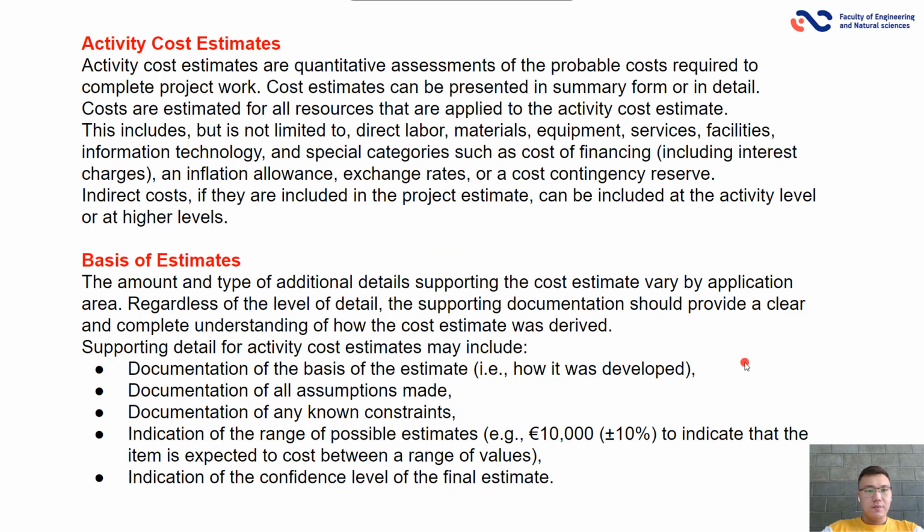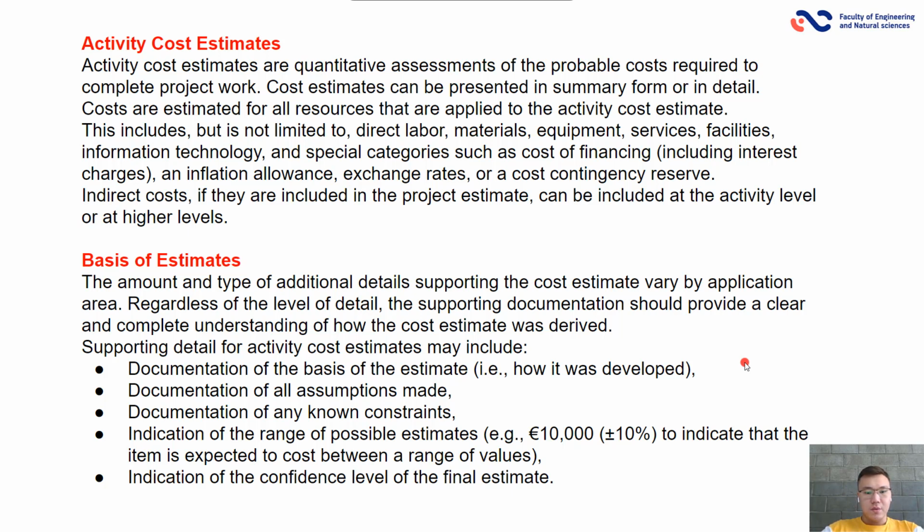Activity cost estimates. Activity cost estimates are a quantitative assessment of the probable cost required to complete project work. Basis of estimates. The amount and type of additional details supporting the cost estimates vary by application area. Regardless of the level of details, the supporting documentation should provide a clear and complete understanding of how the cost estimate was derived.